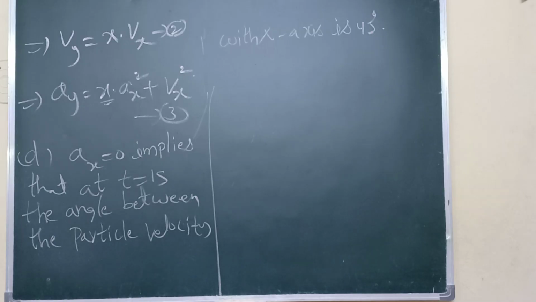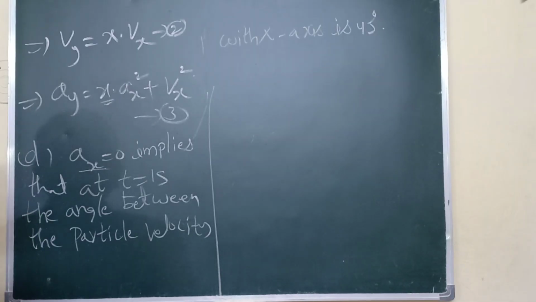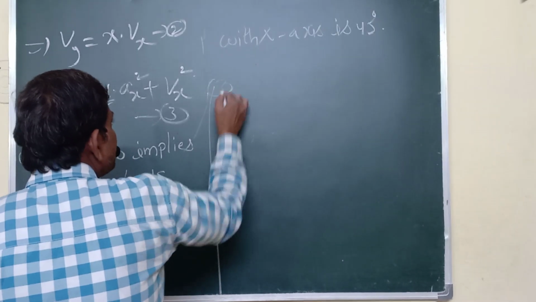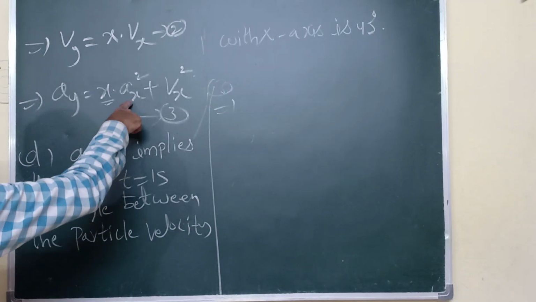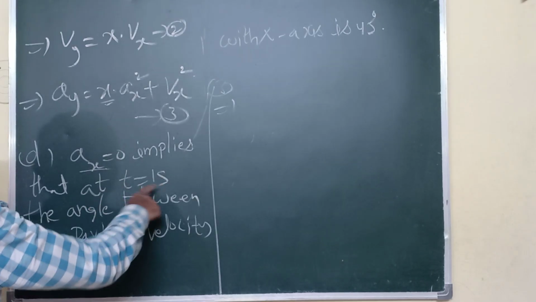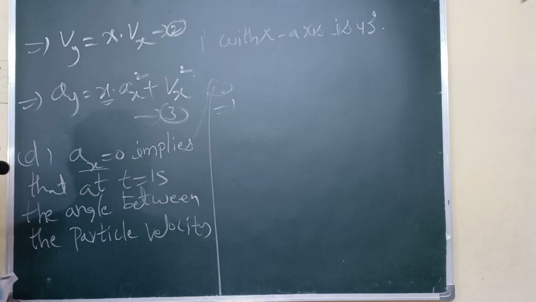So what you had given is acceleration along x direction 0. At 1 second, these two are the conditions you apply. You take acceleration. Using equation 3, what is the Ax value? 0, and time is 1 second. What is the Vx value? 1, always 1 along x direction.